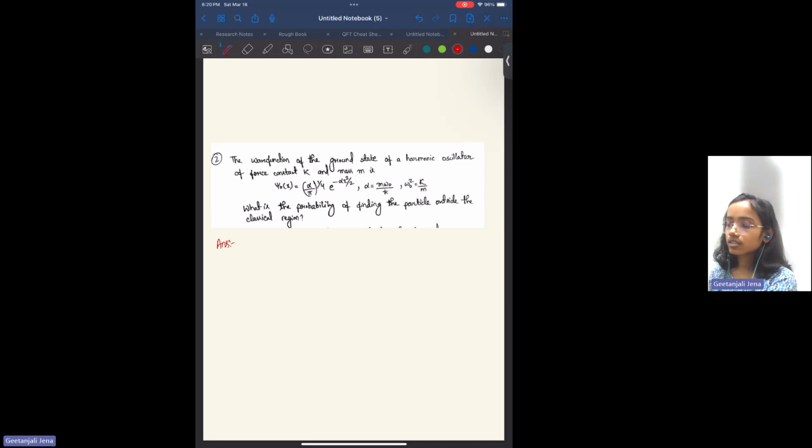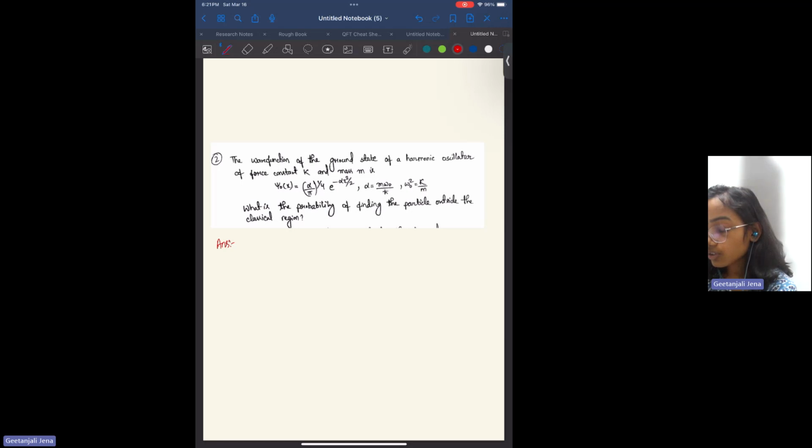So the next problem is based on probability. It is asking about the probability of finding the particle in the non-classical region. So what is given?